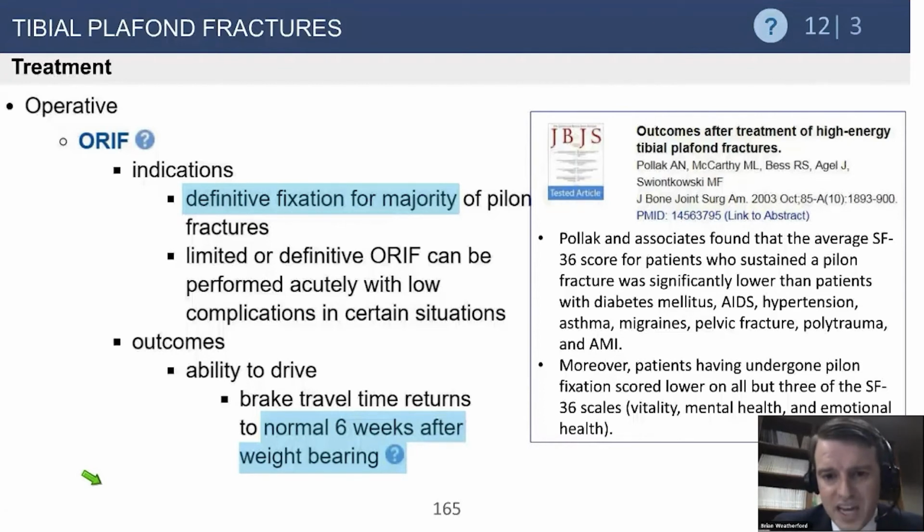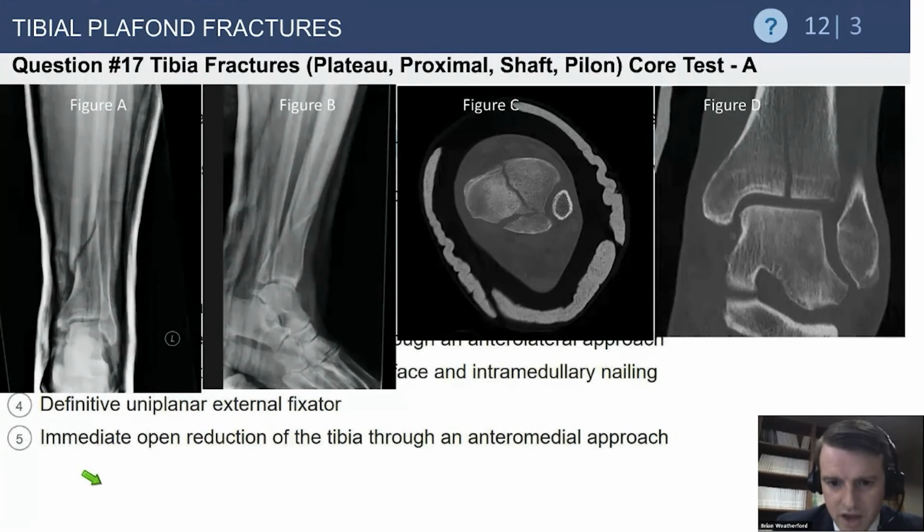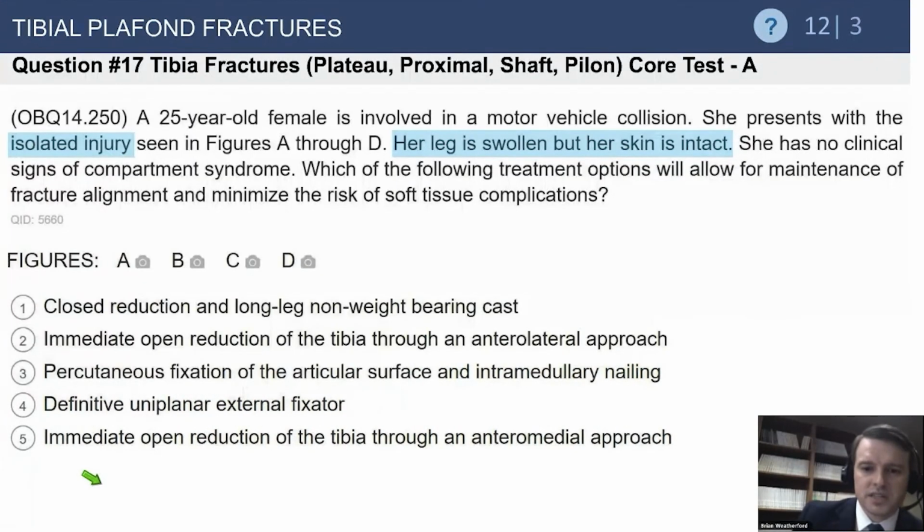There are significant long-term functional consequences for suffering a tibial plafond fracture. So patients that had fixation of the tibial plafond fracture scored lower on all of their SF-36 scales. The take-home message from this is that this is a life-altering injury for the vast majority of people that have to suffer a tibial plafond fracture.